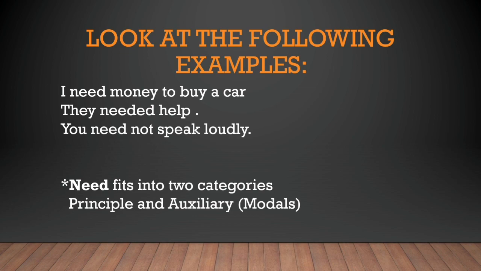Third sentence, you need to speak loudly. Need is a modal here to express the necessity. There is a principal verb after need, so need is auxiliary here. What kind of auxiliary? It's a modal auxiliary here. That's why we use it before the principal verb.